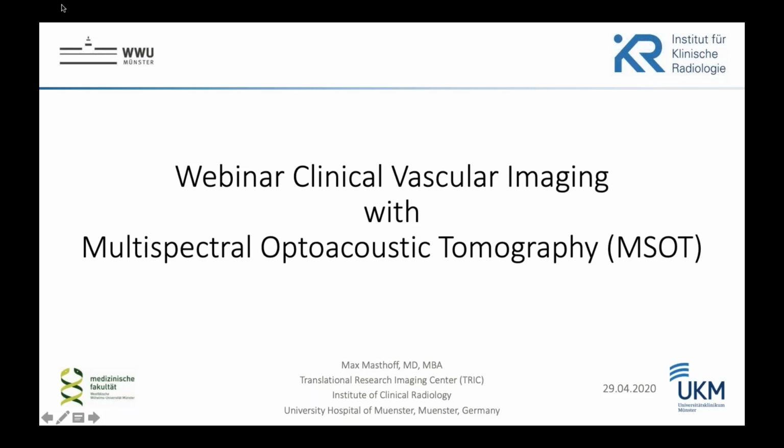MSOT uses this effect by using laser excitation in the near-infrared range, which leads to a thermoelastic expansion of the exposed tissue. This thermoelastic expansion then, by the optoacoustic effect, leads to an emission of ultrasound waves, which we can detect just as we do in ultrasound imaging. So we have a light in, sound out principle here in optoacoustics.